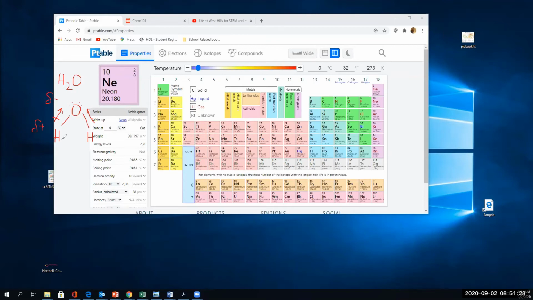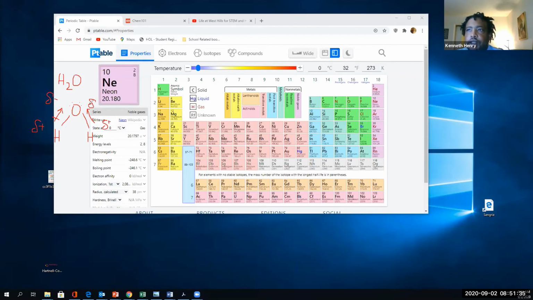And that's the same thing that's happening over here. Partial positive, partial negative. This symbol here is a lowercase delta, meaning change.